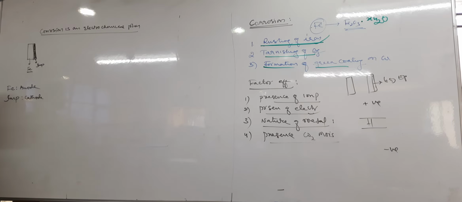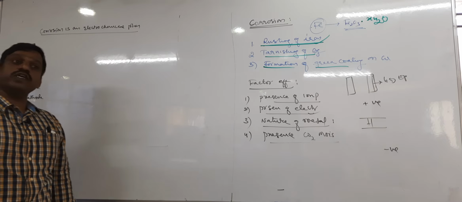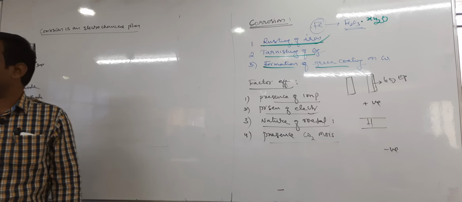Next, for electrochemical reactions we require an electrolyte. Then what is the electrolyte? For rusting of iron, will you keep iron in any solution? No. Then what is the electrolyte? Moisture. Carbon dioxide is available in the atmosphere, and that carbon dioxide reacts with atmospheric moisture.